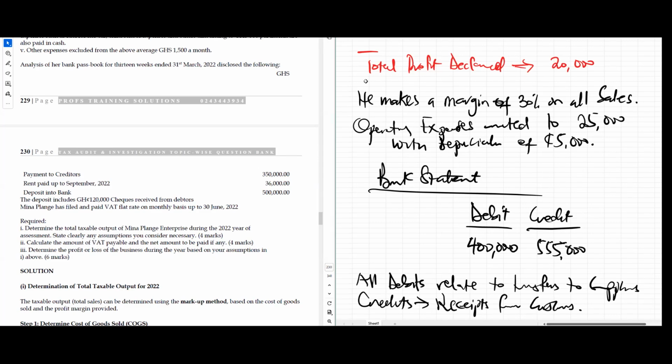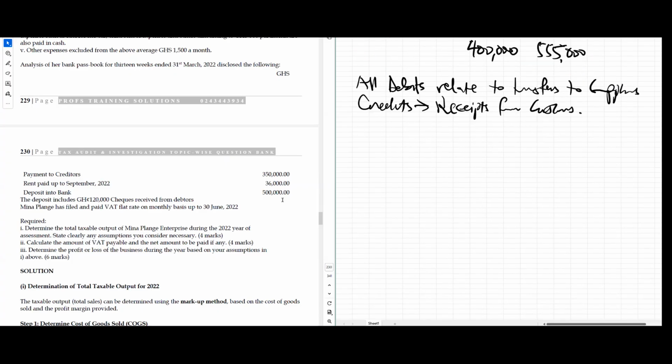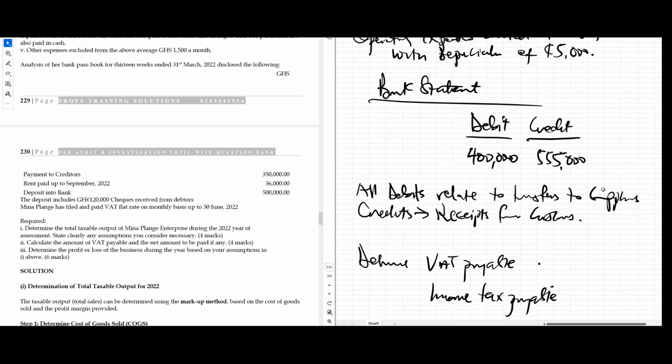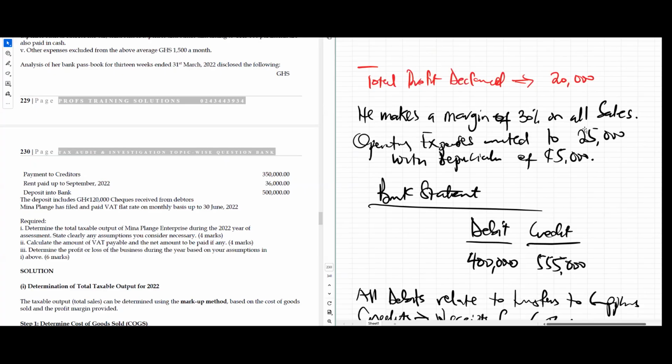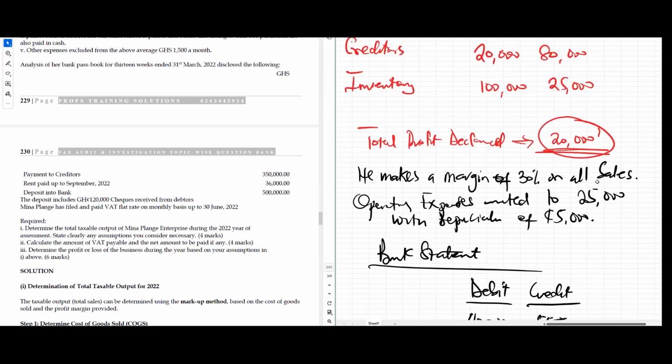And they are telling us to determine this guy's VAT payable and his income tax payable. The tax he would have paid, assuming this was a company, would have been 25% of this 20,000, which might be wrong. We can't trust this.